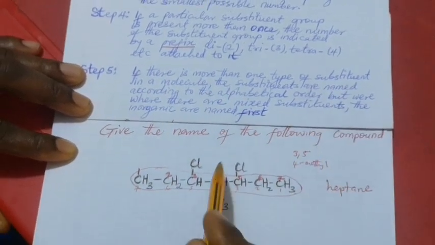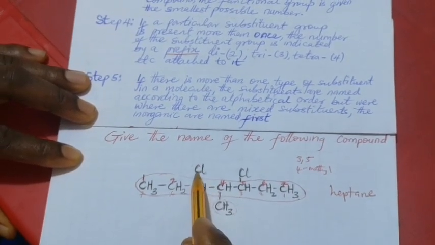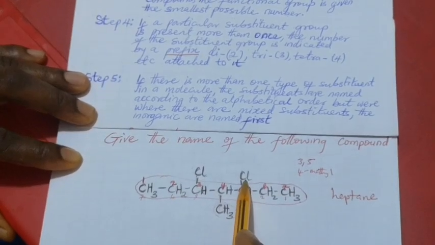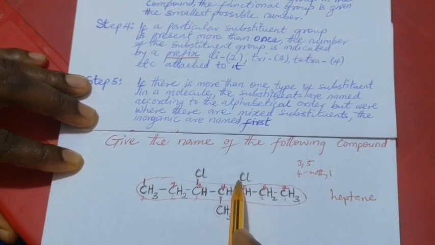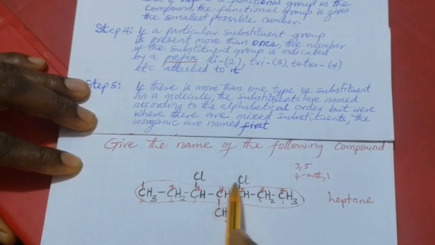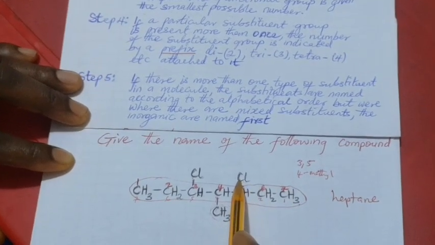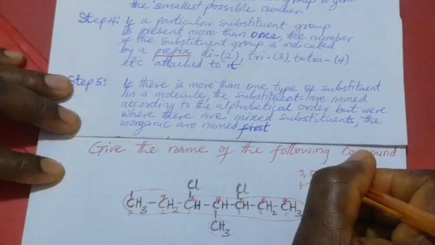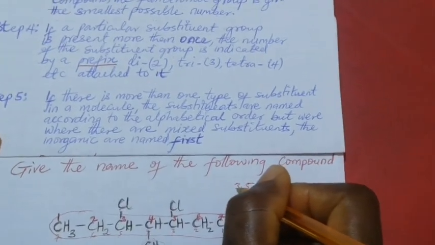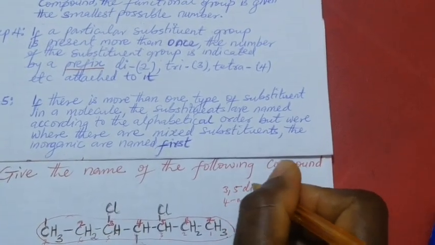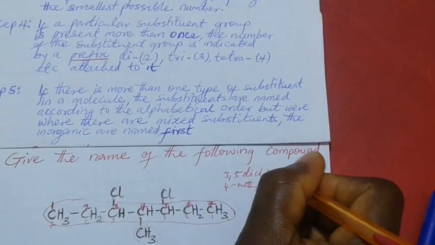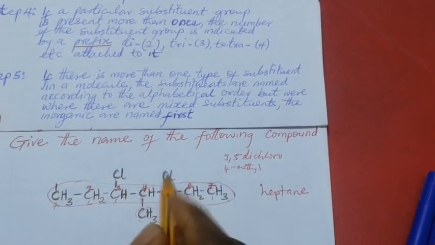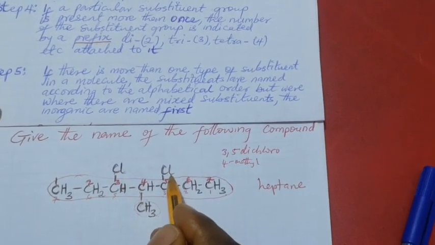Okay, so it means that since we have 2 chlorine atoms here, we will say di. We will use di for this chlorine. That means dichloro. So we have 3, 5 dichloro for the chlorine, since we have 2 chlorine atoms.